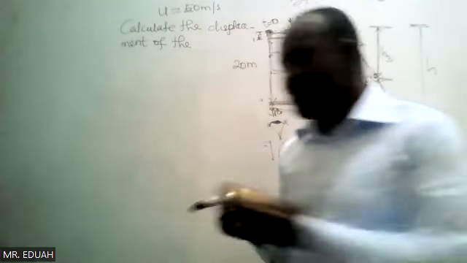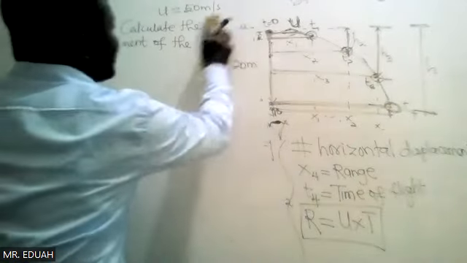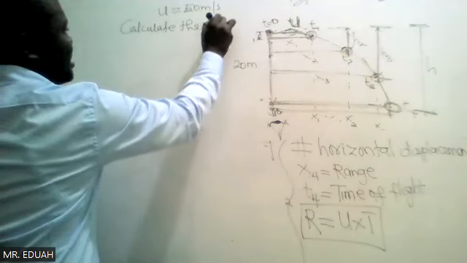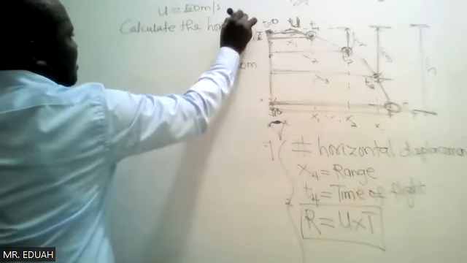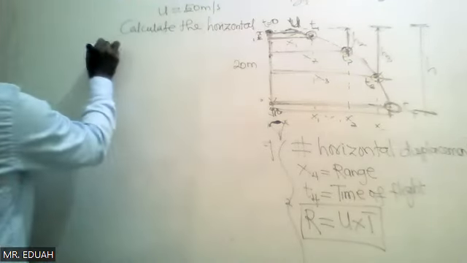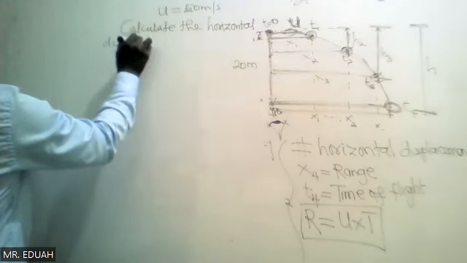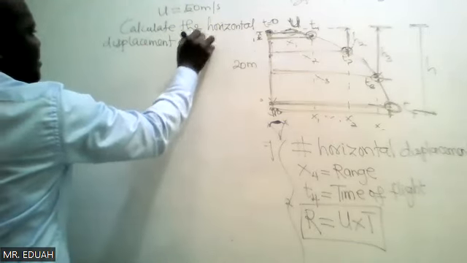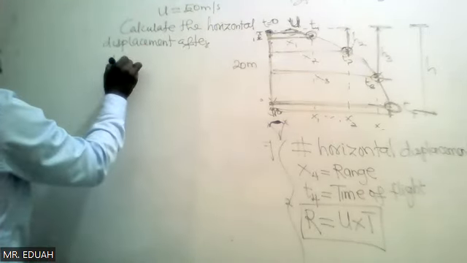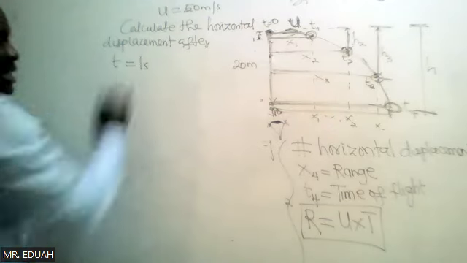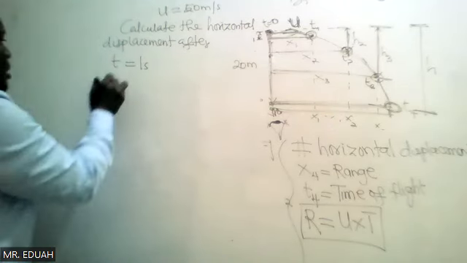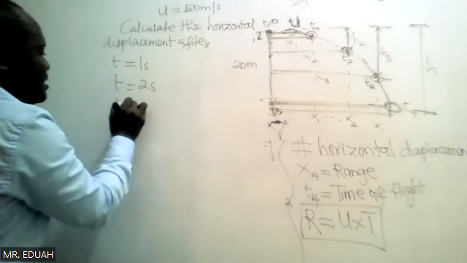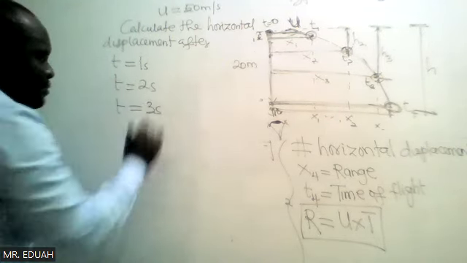So calculate the horizontal displacement of the body after a time t is equal to 1 second, t is equal to 2 seconds, and lastly, t is equal to 3 seconds.